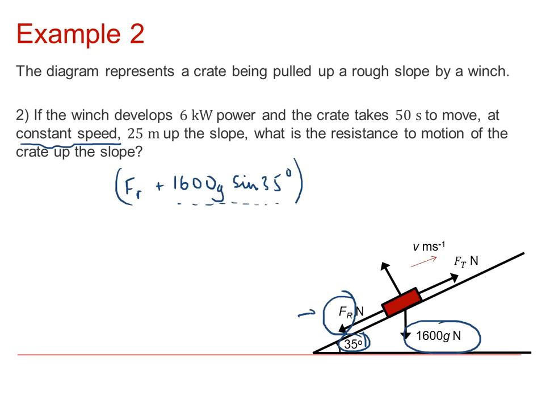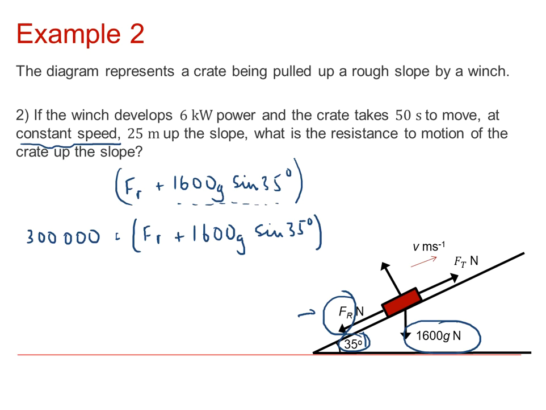So what we're saying then is that the work done, which remember was 300 kilojoules, so 300,000, must be equal to Fr plus 1600 g sine 35. That's the total force down the slope.